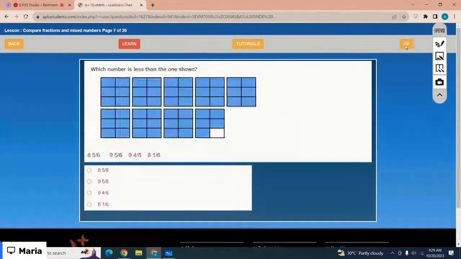Which number is less than the one shown? 4, 5, 6, 7, 8 whole 5 over 6 is shown. So which is less than 8 whole 5 over 6?